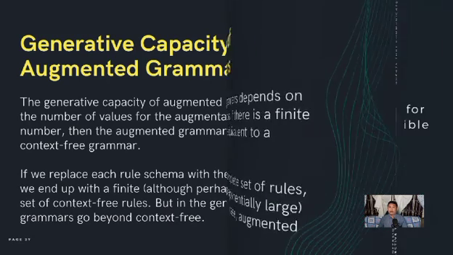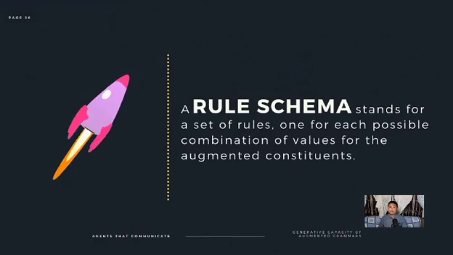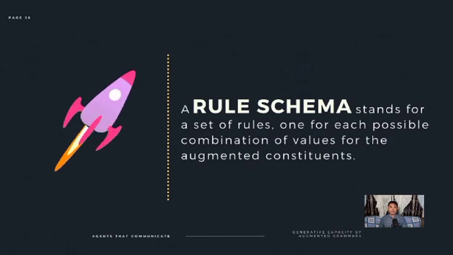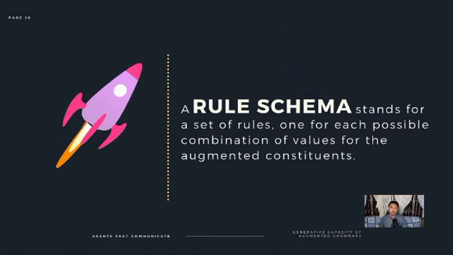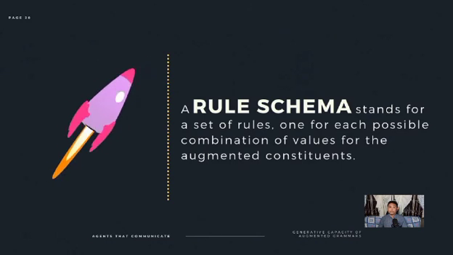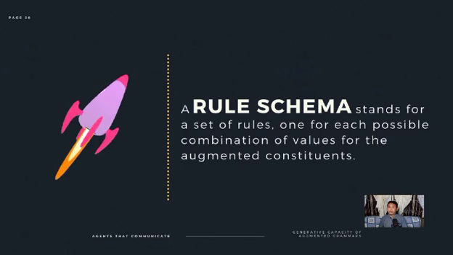Okay, a rule schema stands for a set of rules, one for each possible combination of values for the augmented constituents.